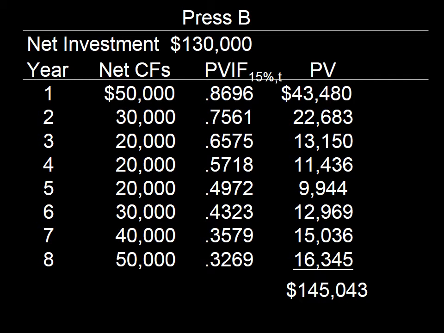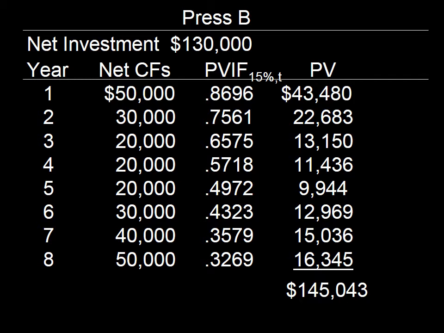I have to take each one back individually because I have a mixed cash flow stream. So I'm discounting years 1, 2, 3, 4, 5, 6, 7, and 8 at 15%, and then multiplying to get the present value of cash flows for each year. So here's my present value of cash flows for each year through year 8.